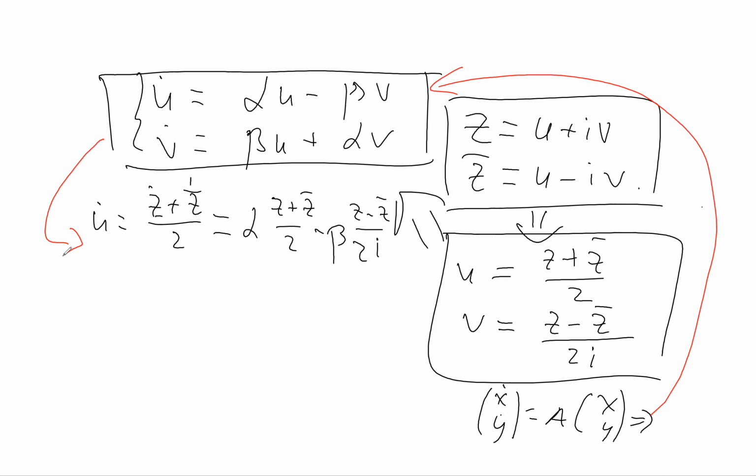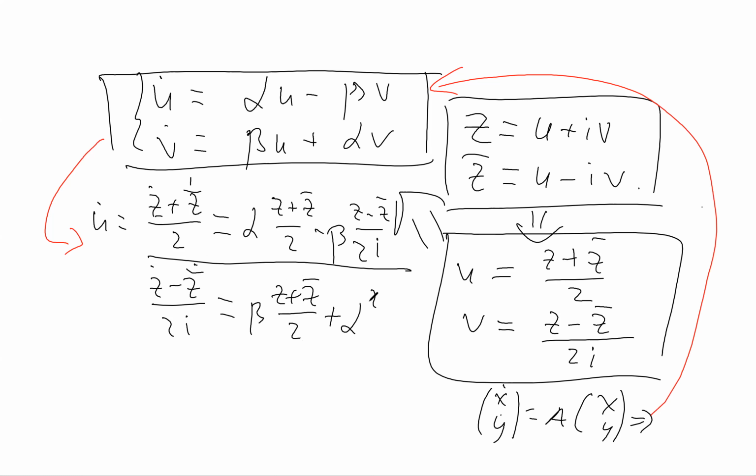So the first equation transfers into this, and the second equation will be z minus conjugate of z over 2i, its derivative, equal to beta times z plus conjugate of z over 2 plus alpha times z minus conjugate of z over 2i. So this is what we got.